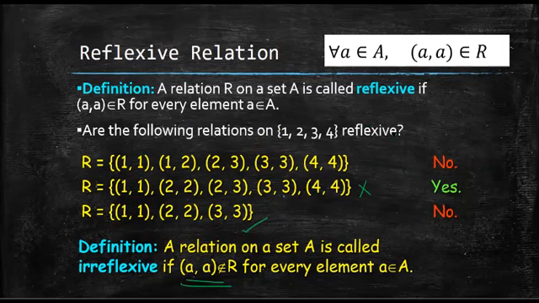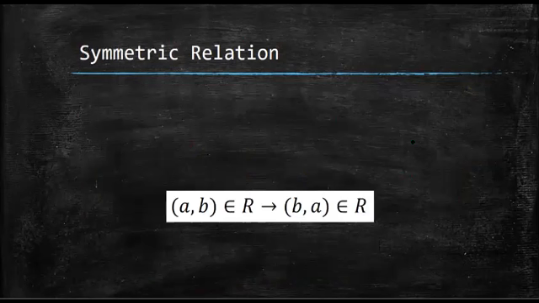Okay. Now the next thing is symmetric relation. A symmetric relation can be defined in this way. A relation R on a set A is called symmetric if A comma B belongs to R, then B comma A should also belong to R. This is the implication sign.